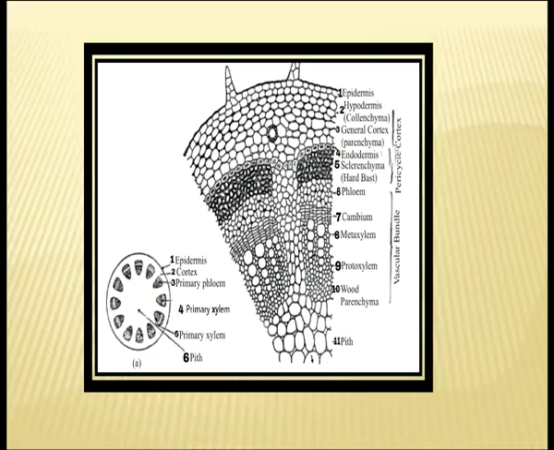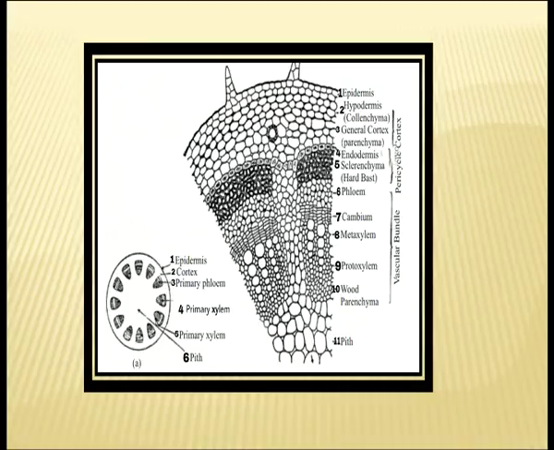Numbers 8 and 9 are both xylem: number 8 is metaxylem, the older xylem vessels and tracheids, and number 9 is protoxylem, the fresher xylem vessels and tracheids.